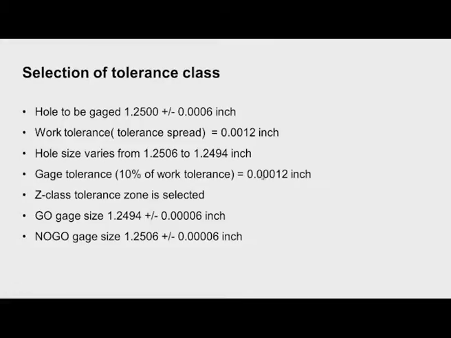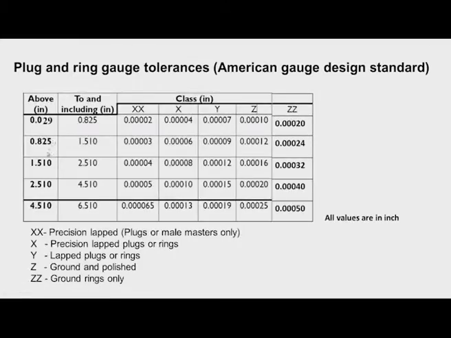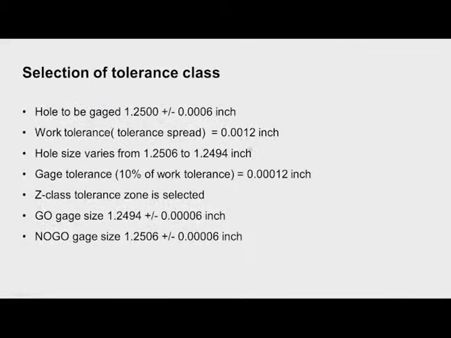So from the table, for this particular hole and this gauge tolerance, the nominal size 1.25 falls in this range, and the tolerance spread is 0.0012 inch, so the Z class tolerance is selected. So the Z class tolerance zone is selected.